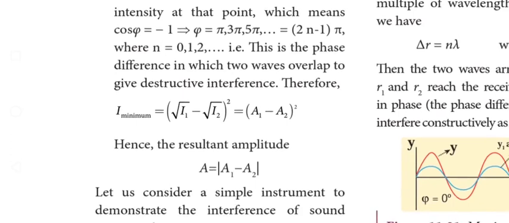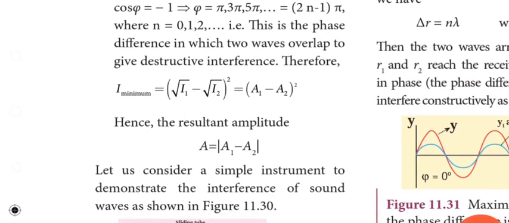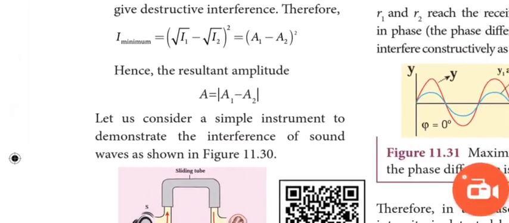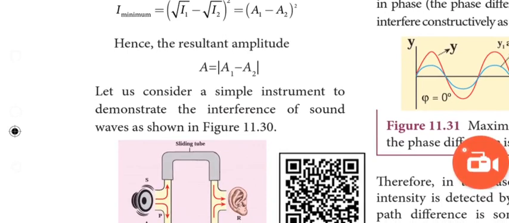This is the phase difference at which the two waves overlap to give destructive interference. I minimum will be equal to root of I1 minus root of I2 whole square, that is (A1 minus A2) whole square. So the resultant amplitude A is equal to A1 minus A2.